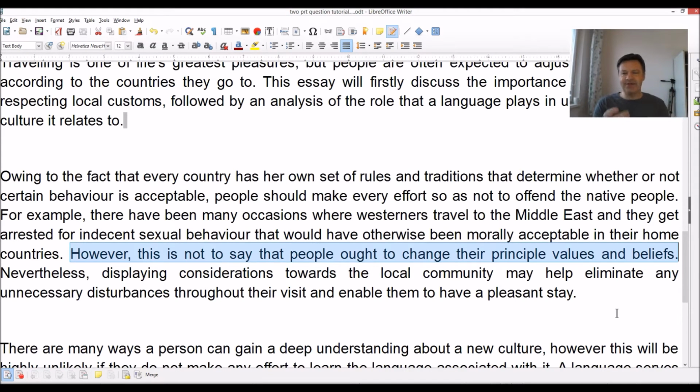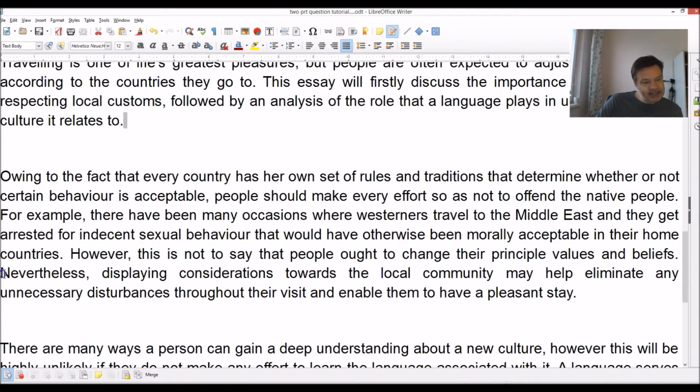So this is kind of contradictory, which we don't need, and it doesn't work. This is not to say that people, well, I thought the author was saying that they should change. They should not be indulging in indecent sexuality. So, okay. Nevertheless, displaying considerations towards the local.